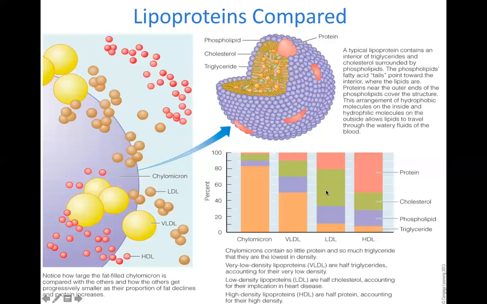So LDL is actually distributing cholesterol to the cells. And that is one of the reasons LDL is considered the quote-unquote bad cholesterol. LDL is not a cholesterol at all. It's a lipoprotein, but it's primarily made up of cholesterol. And then HDL is the last and smallest and most dense of the lipoproteins, and it's made primarily of protein.